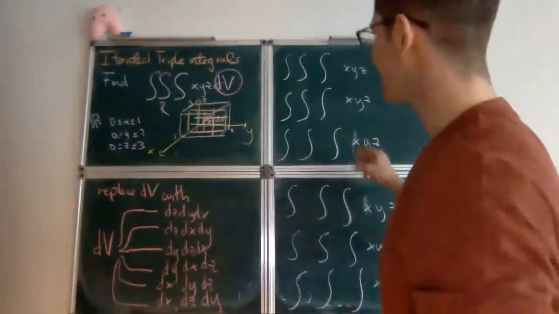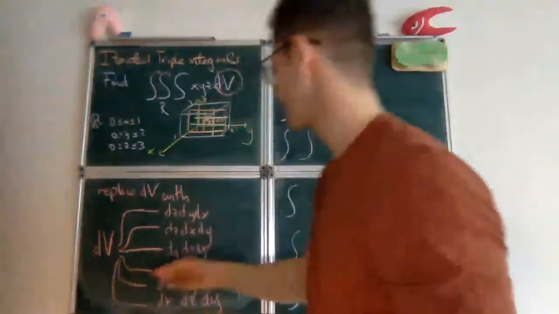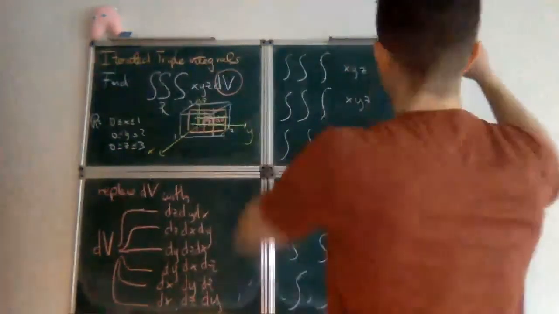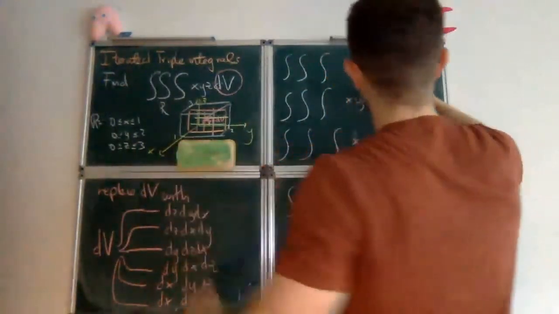And now the only thing that's changing is what you're replacing dV with. And so again, we have 6 options. Let me write them here and move this to the other side.